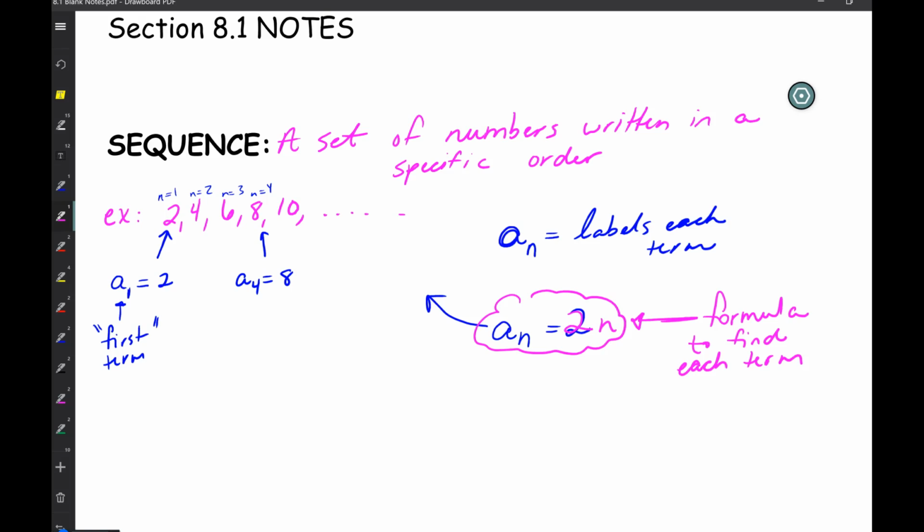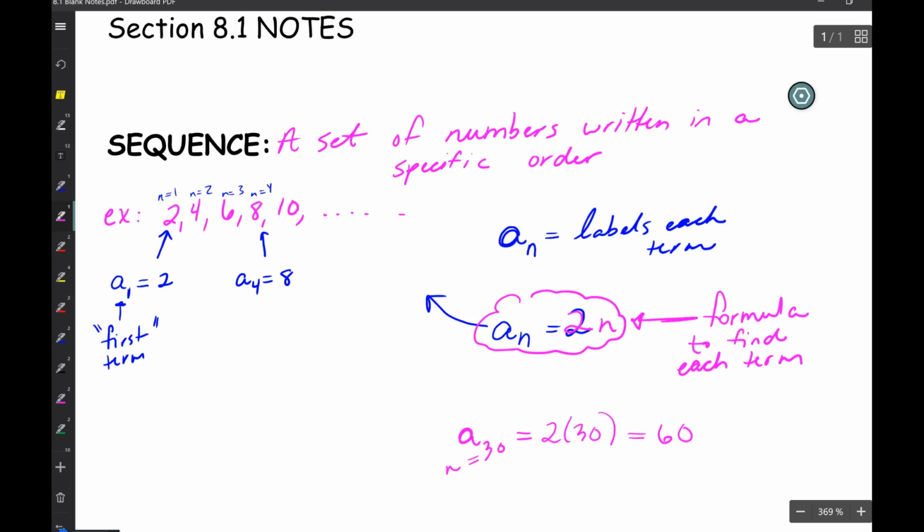We always want to check to make sure that it works. In this pattern I've only given you 5 terms, but once we know the formula, it's powerful, because if I wanted to find the 30th term, rather than adding 2 thirty times, I would just plug it in. n corresponds with 30. So what would be the 30th term? Yeah, exactly right, 60. 2 times 30.